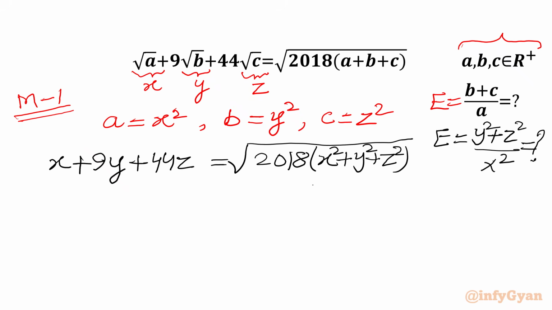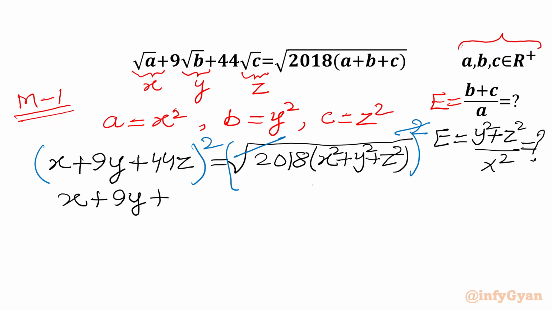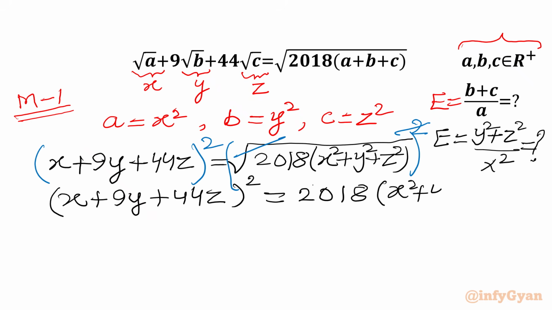We can cancel the square root with the square on the right hand side. We will get our first equation: (x plus 9y plus 44z) whole square equal to 2018 times (x square plus y square plus z square). Let's say this is our equation number 1.